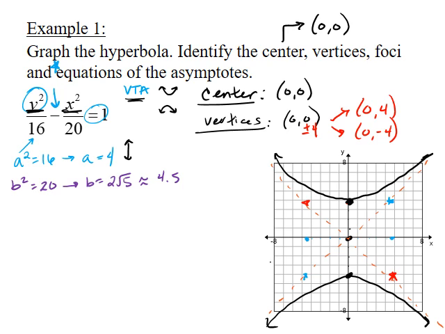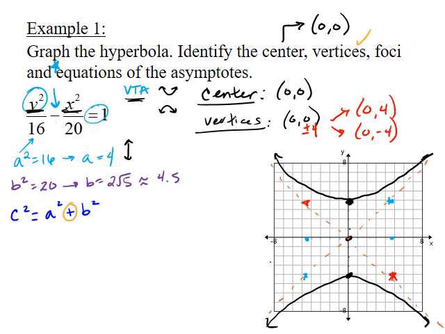All right, we need to go ahead and address the rest of these items. We have found the vertices, but now we need to find the foci. So to find the foci, I'm going to use the equation c squared is equal to a squared plus b squared. This is one other difference between the ellipse and the hyperbola.